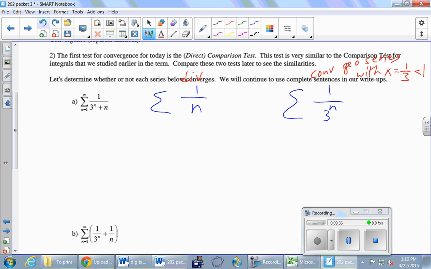Let's see if either of them is helpful to us. I would like to compare just terms now, not the whole series, but just some terms. 1 over 3 to the n plus n to 1 over n. In order to compare these, we probably want to just look at the bottoms first. So the first guy, if we just look at the bottoms, the first guy is bigger.